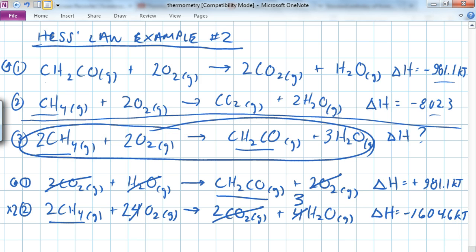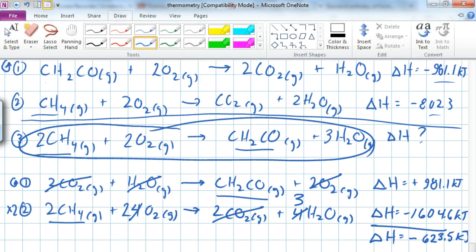And now we have only to add these two up. So 981.1 minus 1604.6 should give us negative 623.5 kilojoules. All right, so hopefully you'll get some more practice with problems like that.